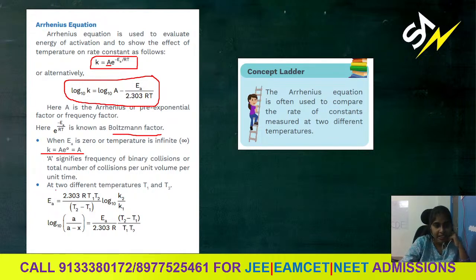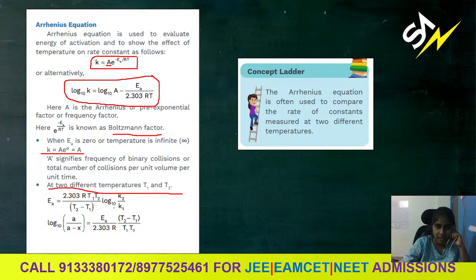And if we apply this Arrhenius equation between two different temperatures, suppose we take the temperatures as T1 and T2, where T1 is the initial and T2 is the final temperature, the activation energy equation becomes Ea = 2.303 R (T1 T2 / (T2 - T1)) log10 (k2/k1).